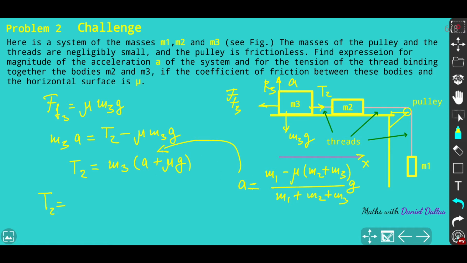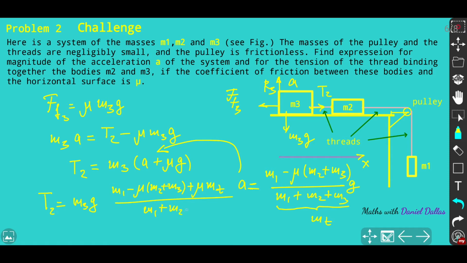So that's why we can even more take out g as the common factor, and we'll be left with m1 minus mu (m2 plus m3) and plus mu times the total mass, so m total, where m total is the total mass, and we divide everything by the common denominator m1, m2, and m3.